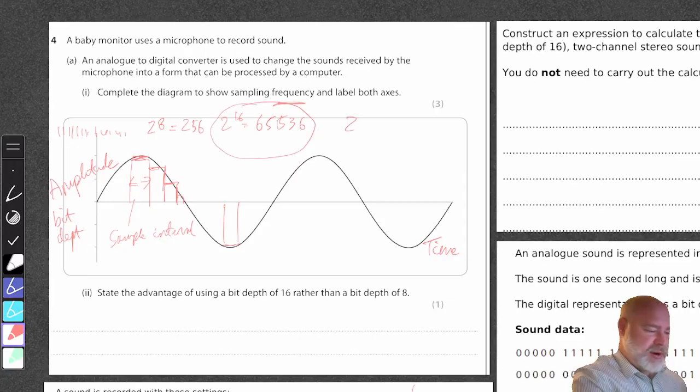And then if we went to 24, then we've got 16.7 million. A bit like when we were dealing with bitmap images, similar. So the amount of graduations in volume dramatically increases then. There's a big difference between 256 and 16-bit audio in that regard.